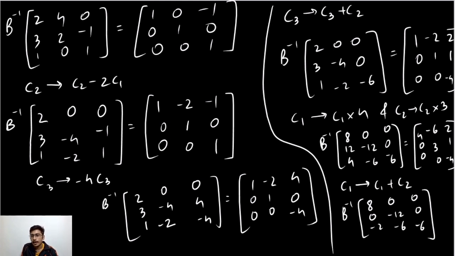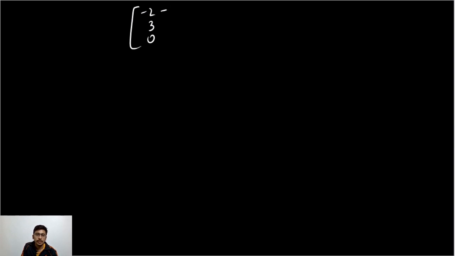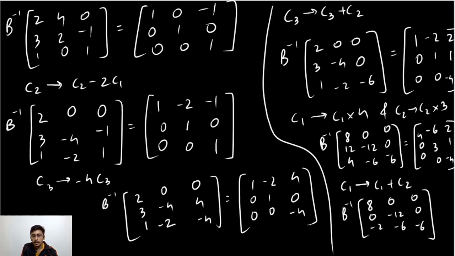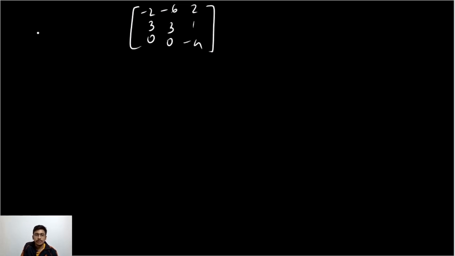Then minus 6 3 0, and 2 1 minus 4, followed by what we had on LHS, B inverse times this thing.